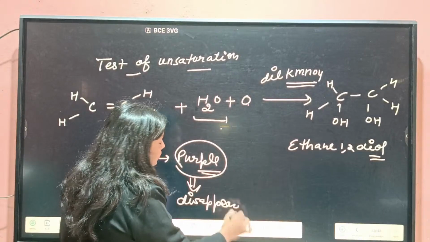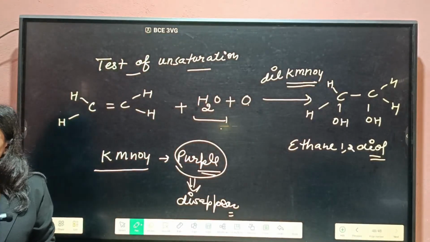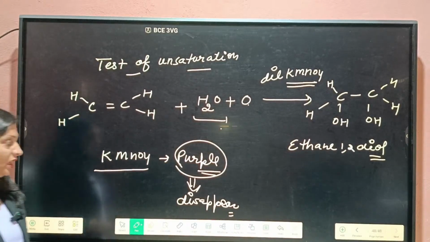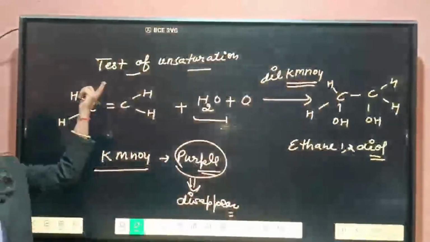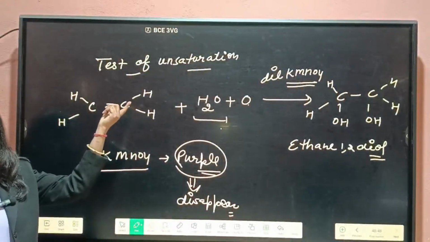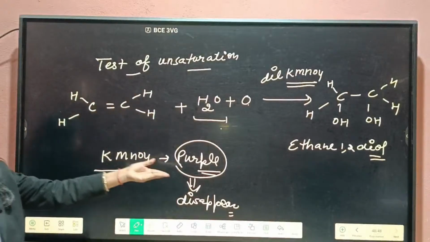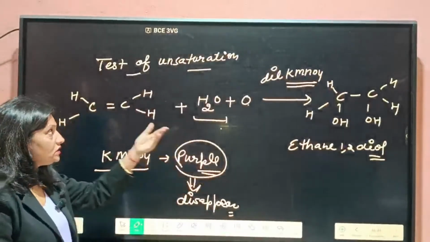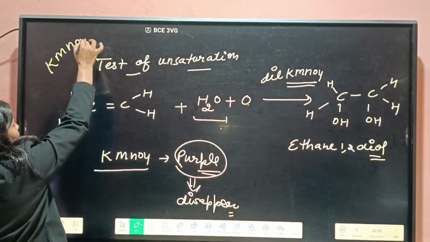So alkene also decolorizes the KMnO4. It means this one is an alkene, unsaturated, otherwise not. Clear?